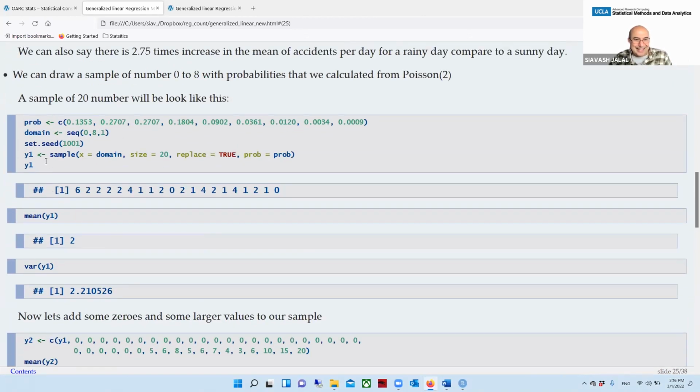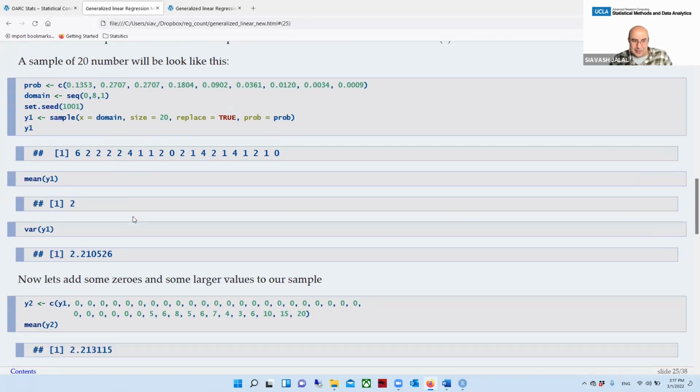The sample that I created is not exactly Poisson, but I used this probability to draw a sample from 0 to 8 accidents. The mean and variance are almost the same, as it should be in Poisson. So in Poisson, the mean and variance are the same. This is just an approximate outcome from a Poisson distribution.